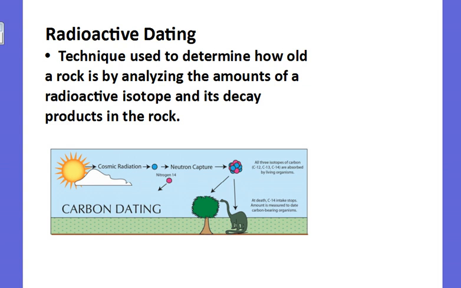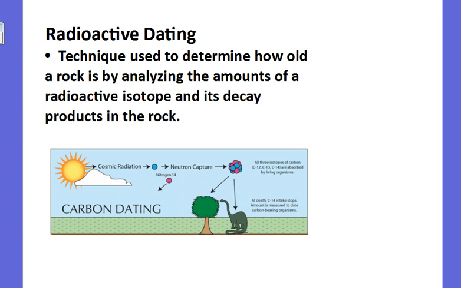Radioactive dating is one way to determine how old a fossil is, and it's a little bit complicated. Just know that radioactive dating is a technique that is used to determine how old rock is by looking at how much radioactive material is in the rock, and its decay products. And doing this, scientists can get a number of years old.